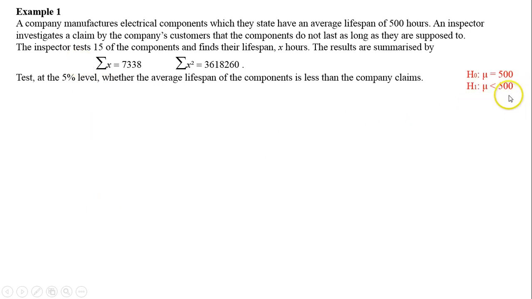We want to test whether the mean lifespan is 500 hours against that it's less than 500 hours. It's a small sample, we've got 15. Therefore, the sample mean is the sum of X over 15, which is 489.2 hours.